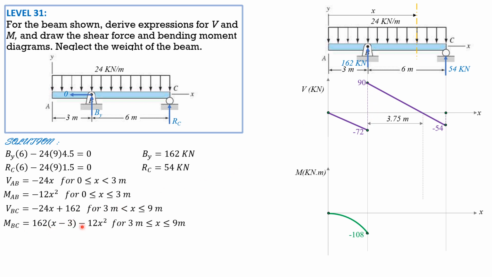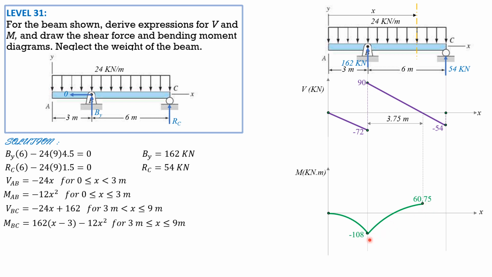So this is 0, so it's the same equation, negative 12 times 3 squared, so it is continuous, negative 108. Then when x is 3 plus 3.75 here, substitute 6.75 to compute the moment. 162 times 6.75 minus 3, then minus 12 times 6.75 squared, you will get a positive value of 60.75.